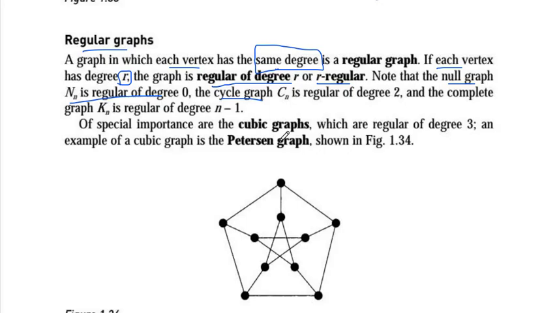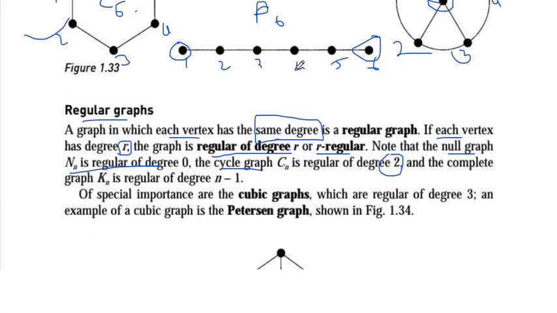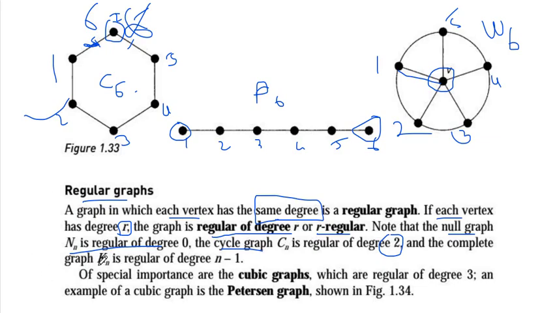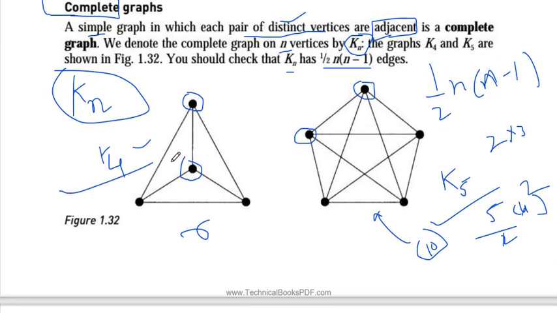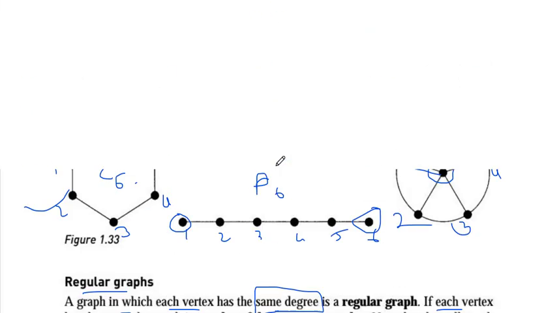The cycle graph is also regular. Why? Because the degree of every vertex is 2, and in the definition each vertex has the same degree, so the cycle graph is also a regular graph. And the complete graph is also a regular graph. Why?